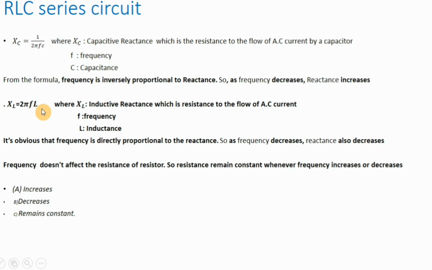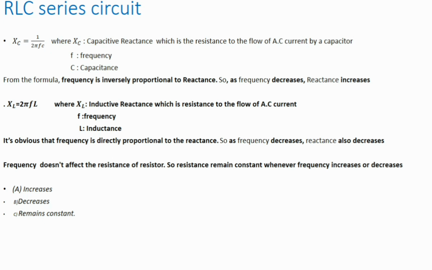This XL actually stands for inductive reactance. This means that it is reactance through an inductor. It is defined as resistance to the flow of alternating current in an inductor.